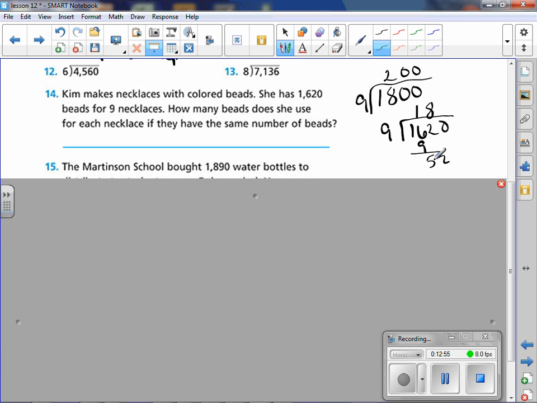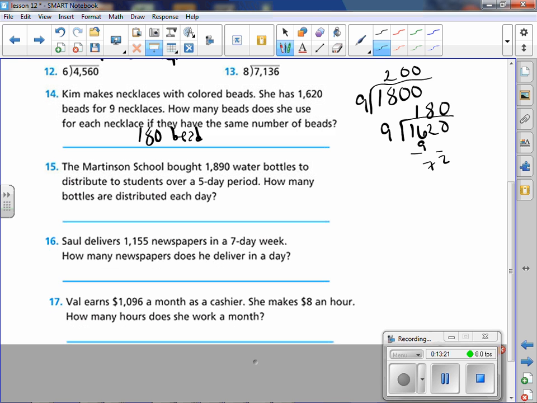Oh, this is 7. Sorry, guys. I knew I was making a mistake there somewhere. This is a 7, not a 5. That's where my error is. See, I get stuck when you realize you made a mistake and something's not working. You're like, wait a minute. Okay, so 8 then times that is 72 as well. So it's just 80. So 180 is the exact answer. 180 beads. So the 200 lets us know that we're fairly close to it.